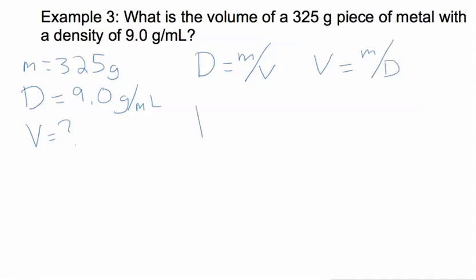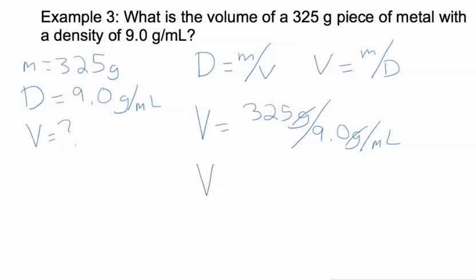So when we plug into this equation, we have 325 grams divided by 9.0 grams per milliliter. And you probably see that these grams cancel out. And your volume is equal to 36 milliliters.